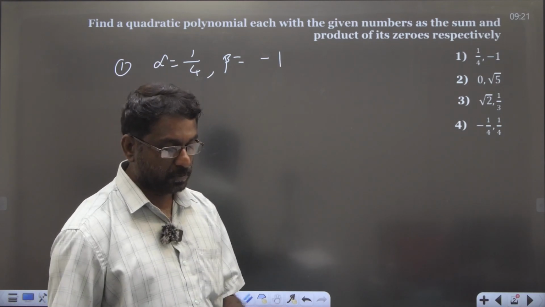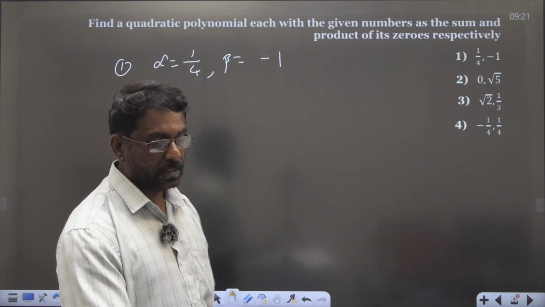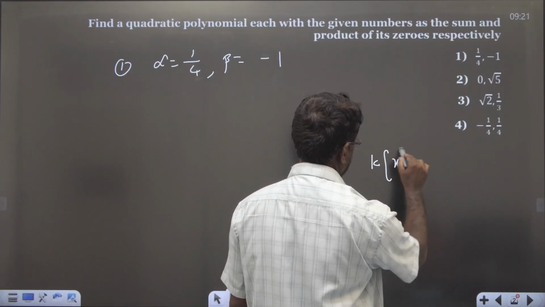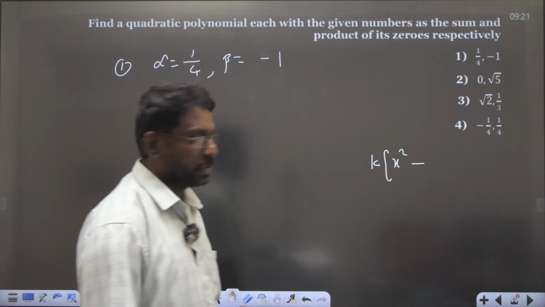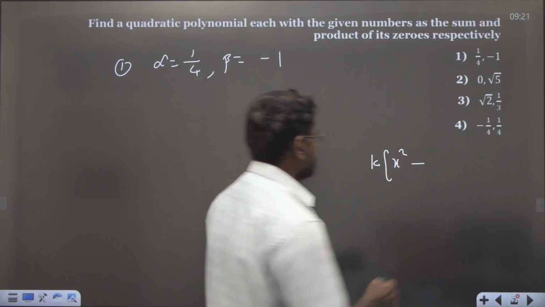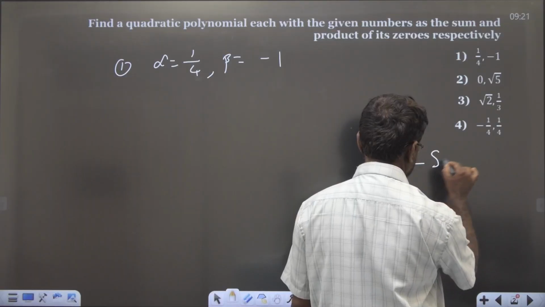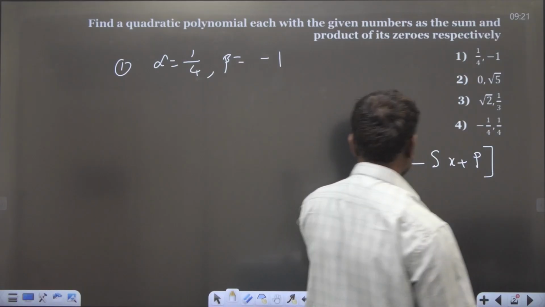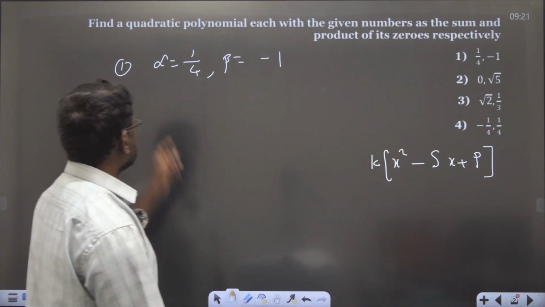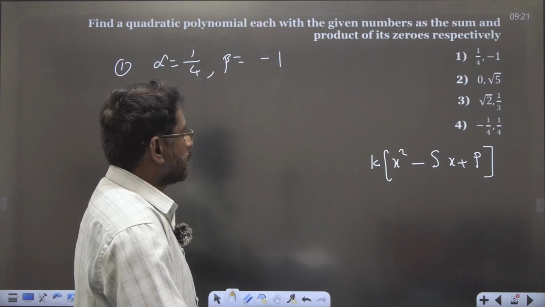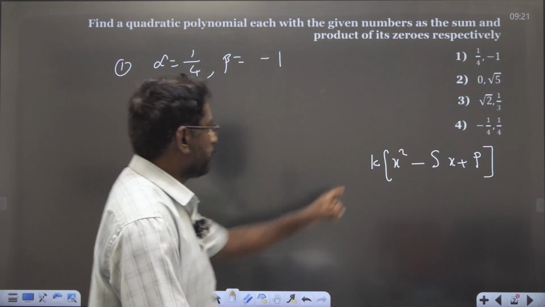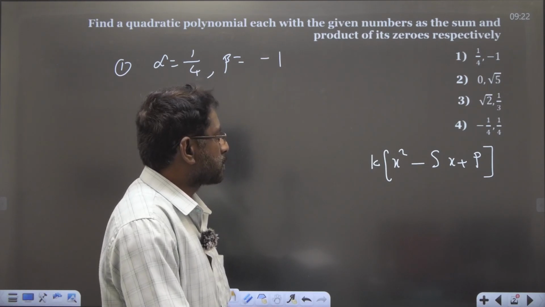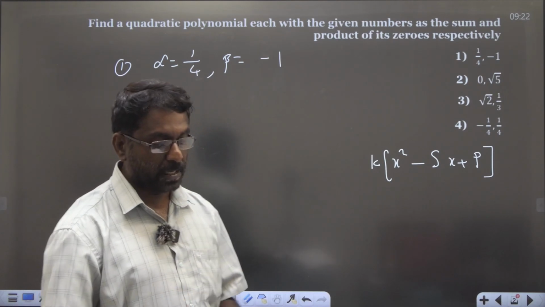You have to remember one more equation: k into x square minus sum of the zeros, take it as s, into x plus product of the zeros. This is the equation. When the zeros are given, the corresponding quadratic polynomial is k into x square minus sx plus p, where k is some constant.